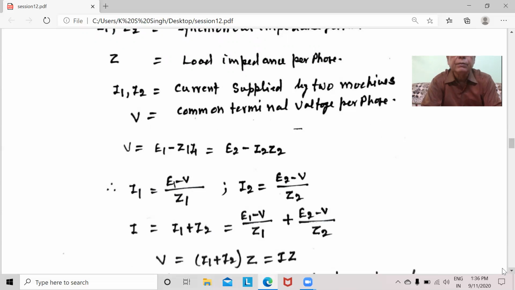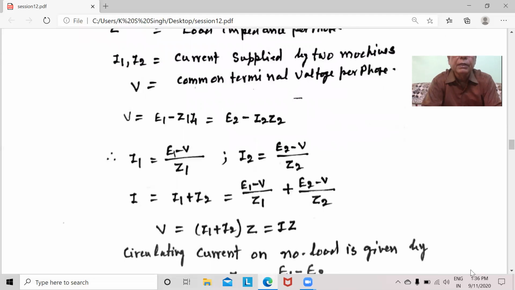In this way, you find the load current. From the above figure, V is equal to (I1 plus I2) times Z, and I1 plus I2 is equal to I.